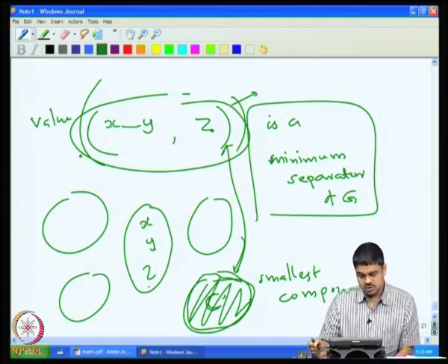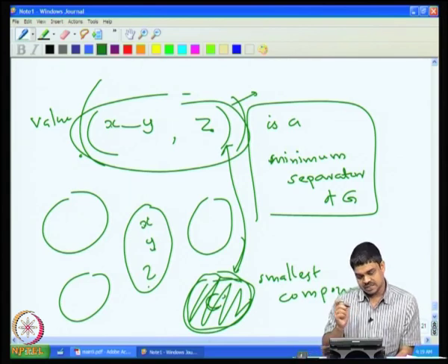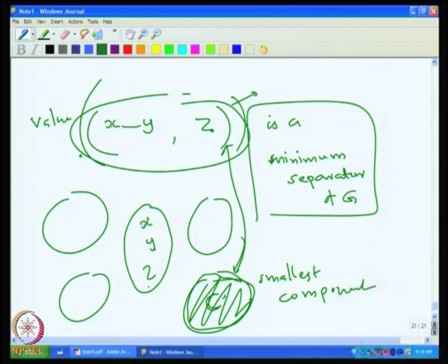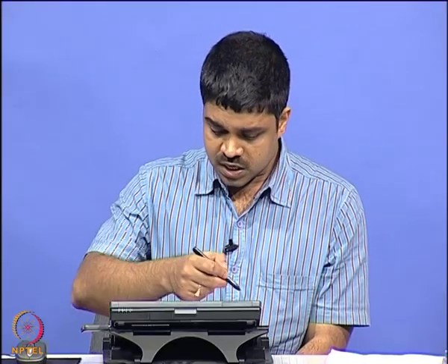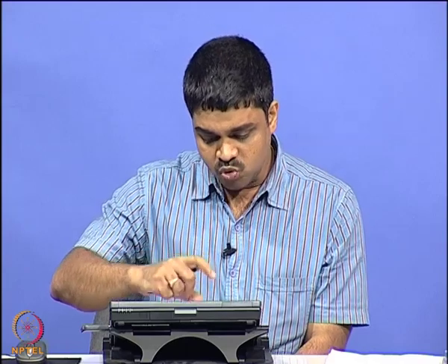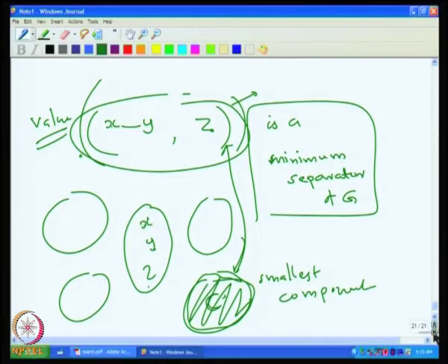So for every edge xy a partner is available, and with respect to xy and its partner z, we can evaluate the value by removing these 3 vertices, looking at the components, and finding the minimum cardinality component. Now, among all possible edges xy in the graph, I will look for the one which achieves the minimum value.